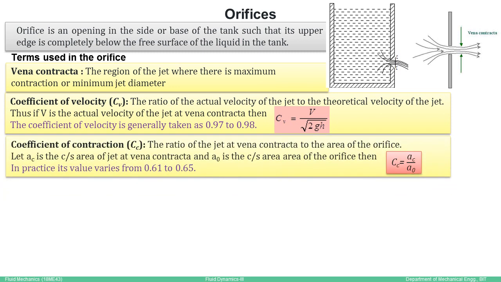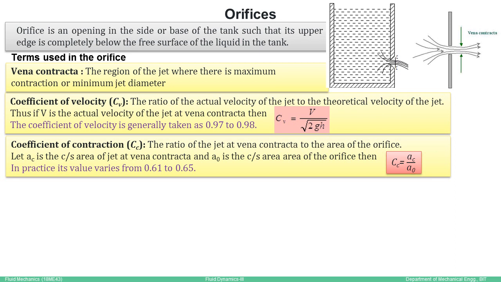And coefficient of contraction is the ratio of the jet area at vena contracta to the area of the orifice. Just remember, area at vena contracta to area of orifice, that is Ac by A naught, is the coefficient of contraction. You may come across one more term called contraction ratio in orifice meter or Venturi meter.